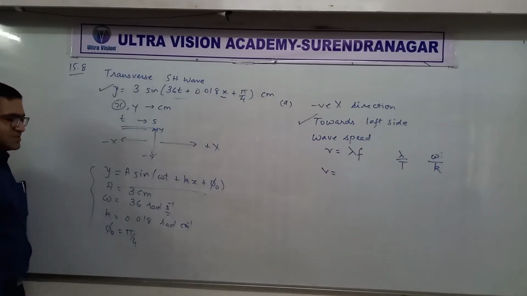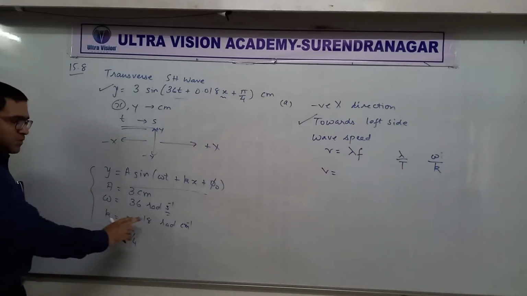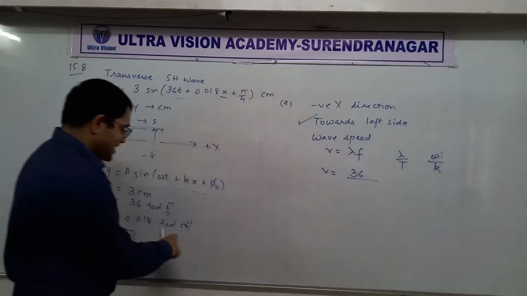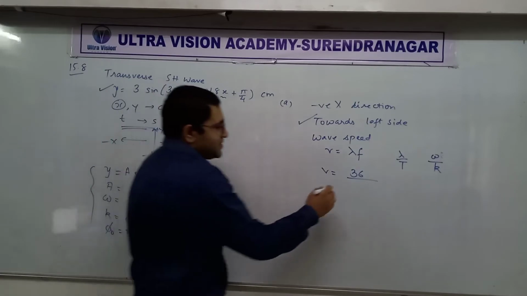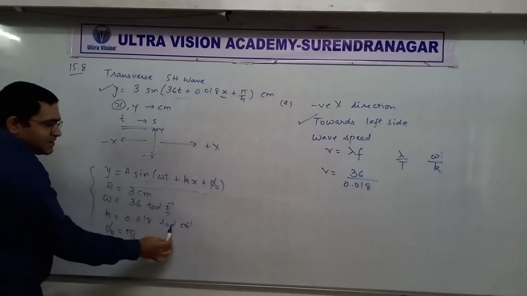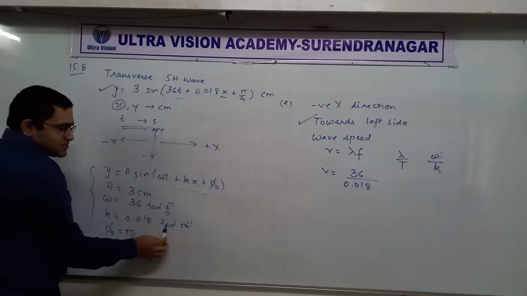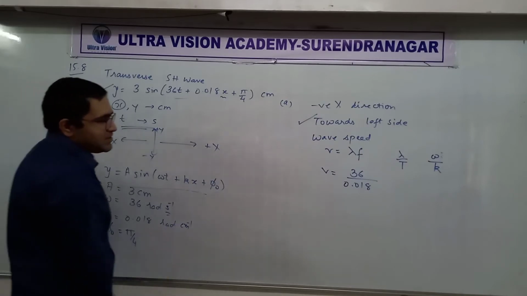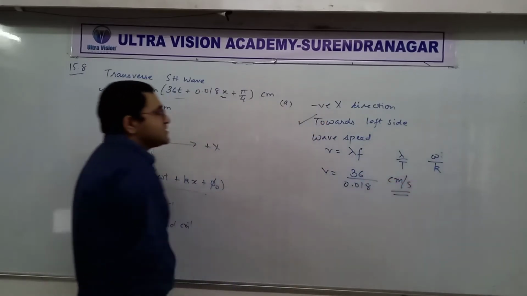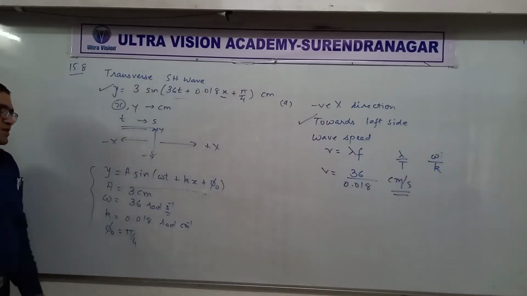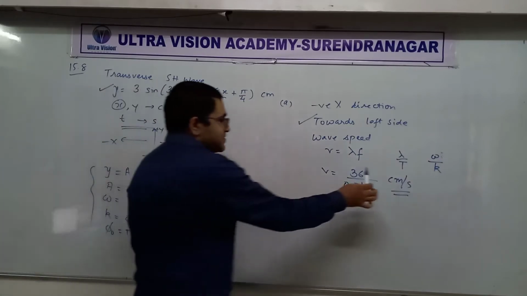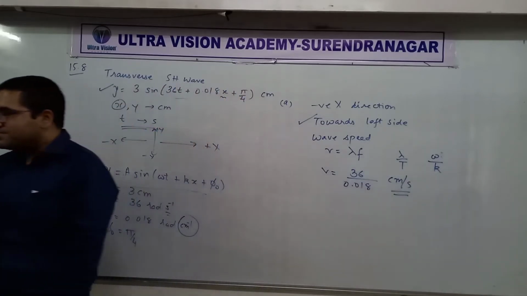So omega 36 divided by k 0.018, but be advised, because this is in radian per centimeter, that's why this wave speed will be centimeter per second. Is the unit clear to you? Because this is per centimeter, that's why this is centimeter per second.